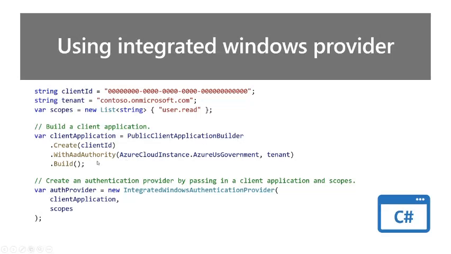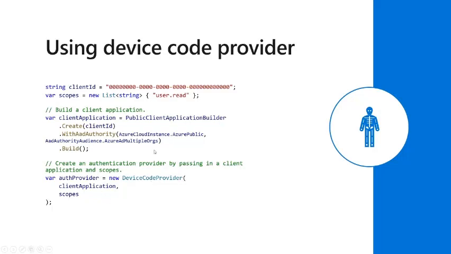So we use the Azure Active Directory authority with the Azure cloud instance, Azure US government. We are only allowing Azure US government in this client application. Then we pass this client application and scope to the integrated Windows authentication provider, which is a type of authentication provider. So if you notice here, nothing is changing. Same in this one, nothing is changing, just this initializer.